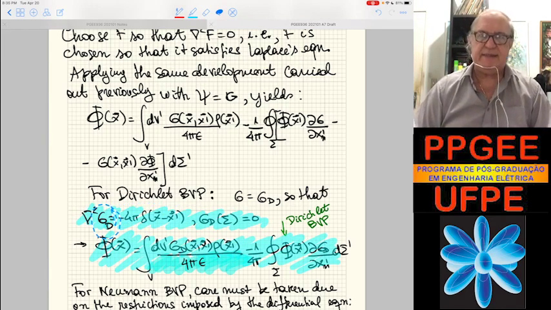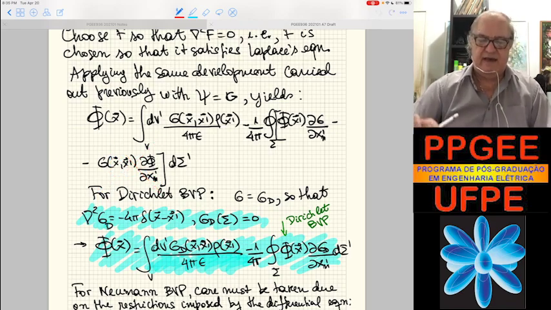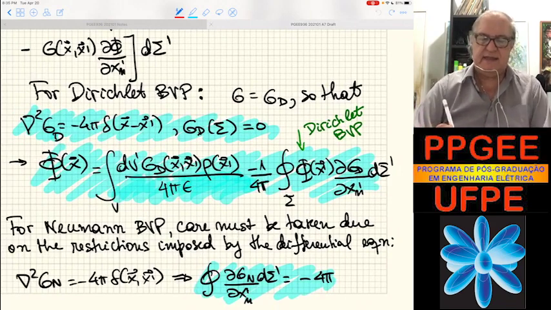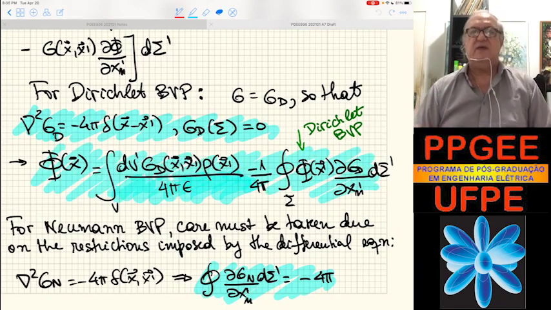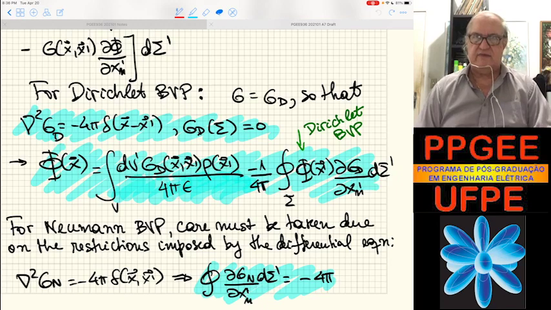When we do that, this term here on the surface vanishes, right? And for the GD, we have the final solution that is expressed. I mean, understand that we have to solve for GD, right? Solving for GD is like solving a problem of a point charge inside of a grounded surface.